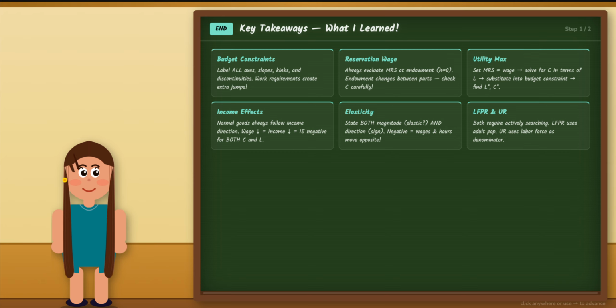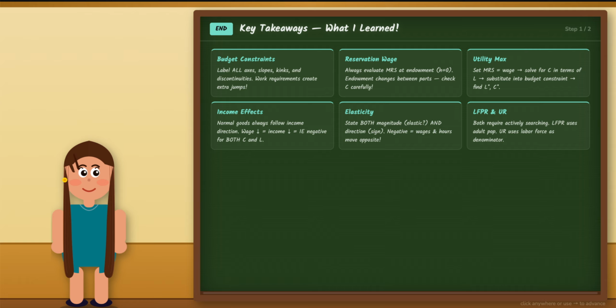And third, for utility maximization, the method is always going to be the same. Set MRS equal to wage, solve for one variable, substitute it into the budget constraint. Fourth, for income effects, normal goods always follow the direction of income.